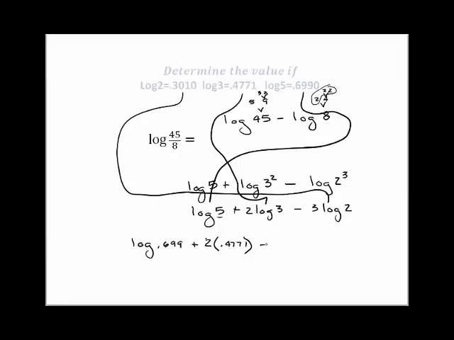Okay, minus 3 times the log of 2, which was 0.301. And you put that all in your calculator. I'm not going to try and do it by hand. And you should get a final value of 0.7502. That is your answer.